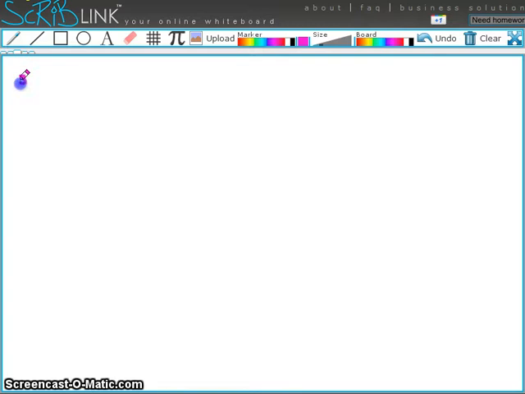Vector number 3. Vector number 3 was, I believe, 26 kilometers south, 12 degrees west. So we're going west, so we're obviously going towards the left-hand side. And we are going south, so it's going down.